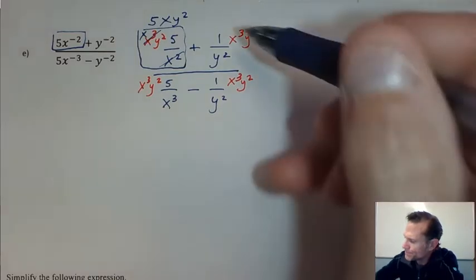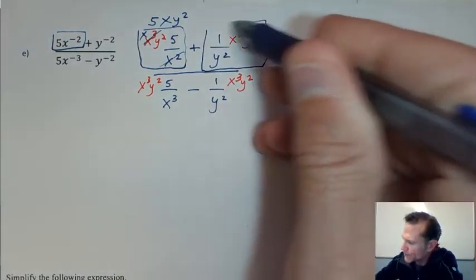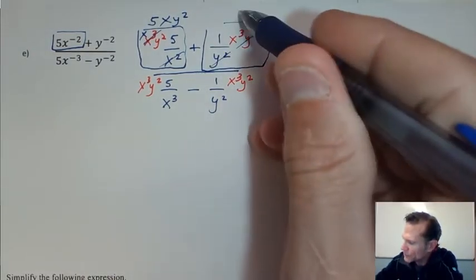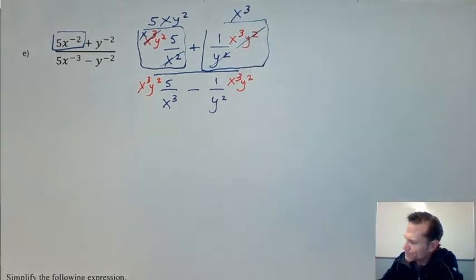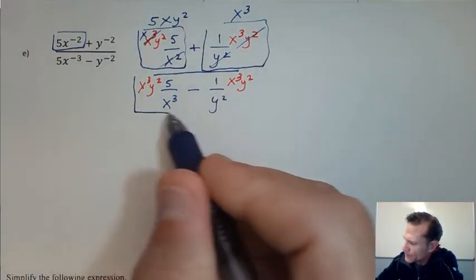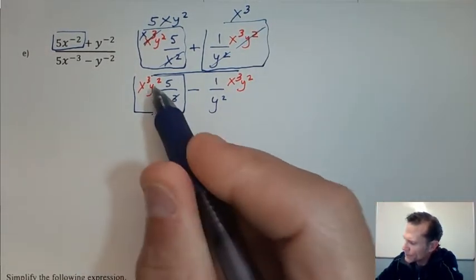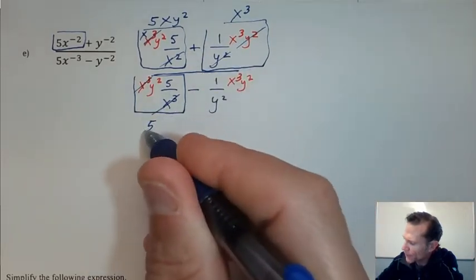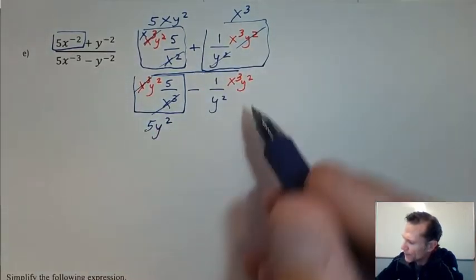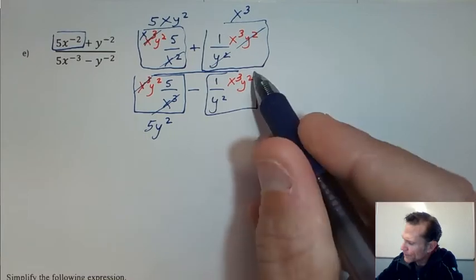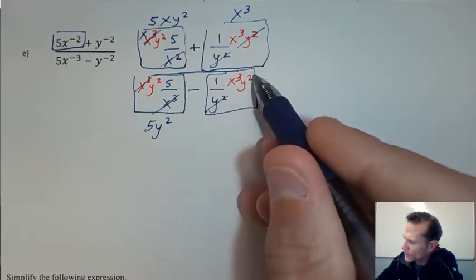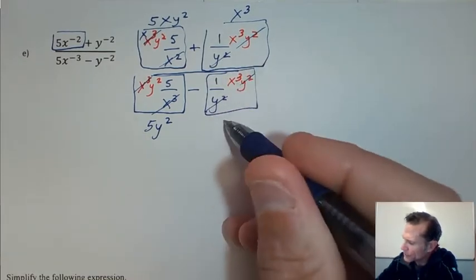Next up, this sector, the y squared cancels, so I have x to the third. In this sector, x to the third cancels, I have 5y squared. And then in this sector, y squared cancels, and I have x to the third.